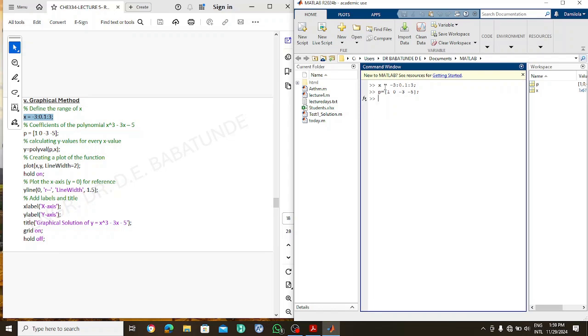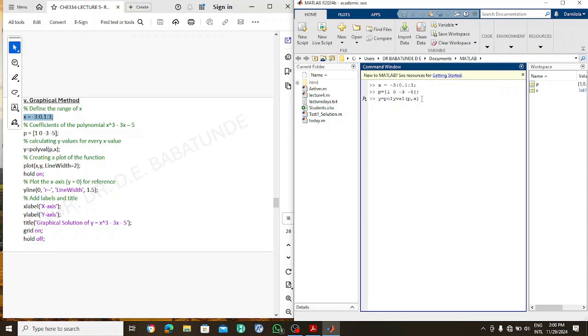Then polyval requires 2 arguments, so p and x. So y equals polyval, open the parentheses. So what is going into the parentheses? The vector, which is the coefficient of the powers in my function, followed by x. So I'm linking my y to x.